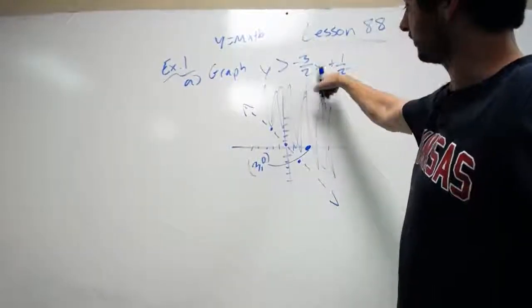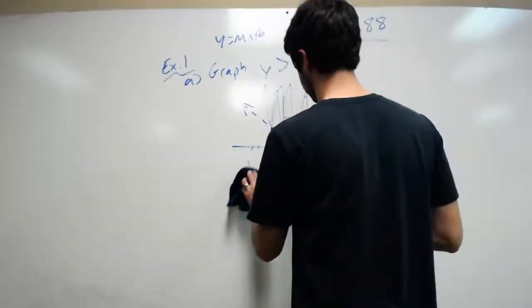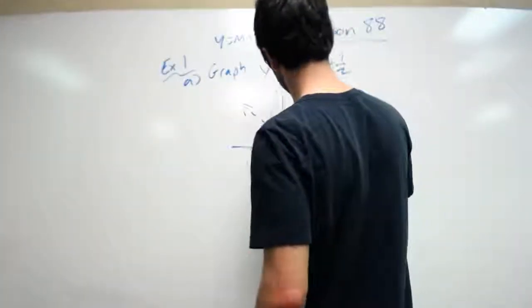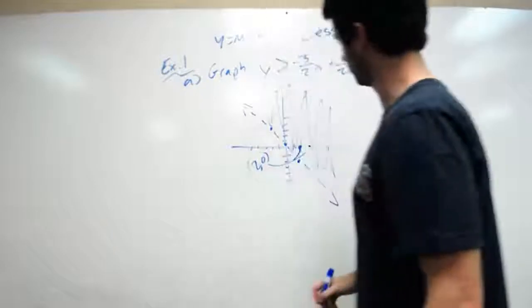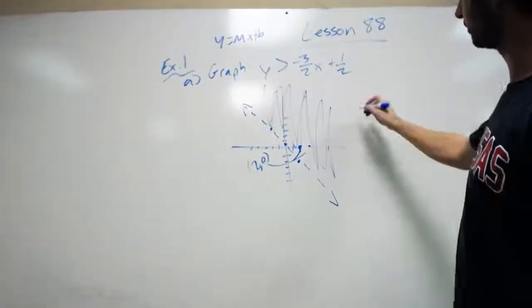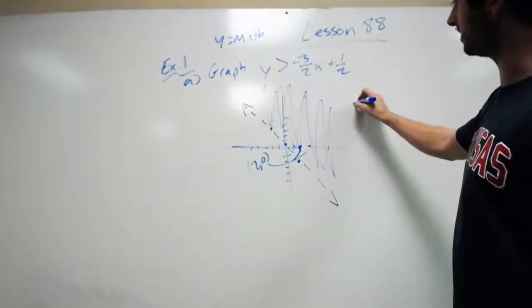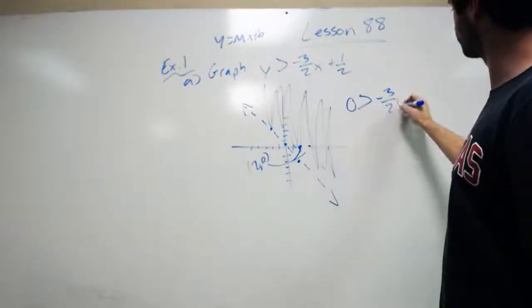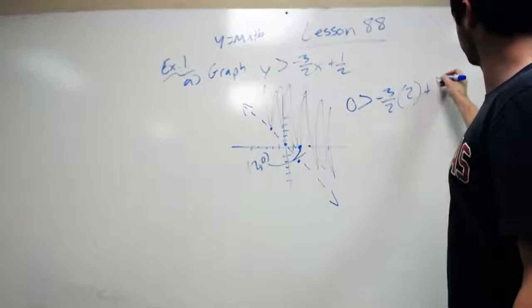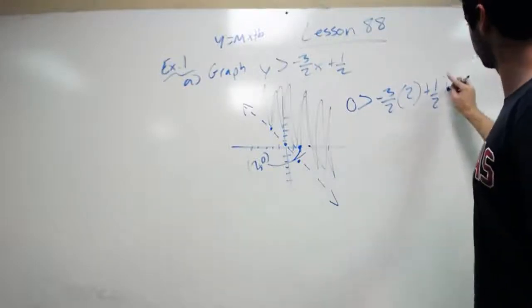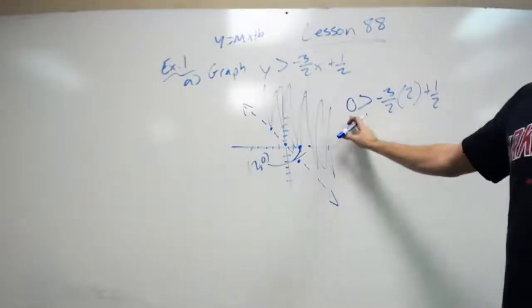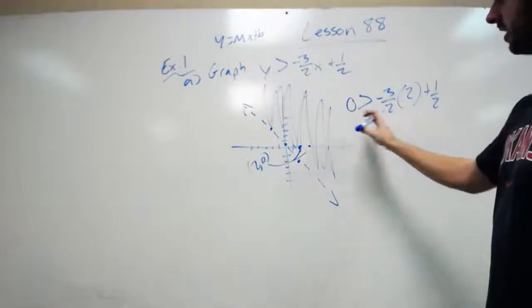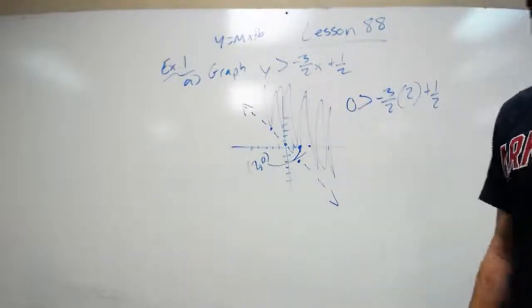I'll tell you what, we'll do 2, 0 instead, just because it'll be a little easier. I'm going to plug in 0 is greater than negative 3 over 2 times 2 plus 1 half. If 0 is greater than this number, then I shaded in the right direction.